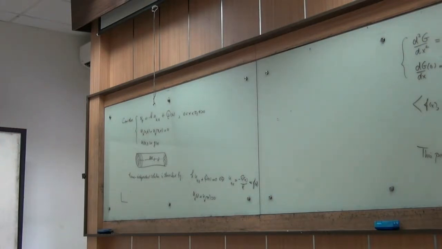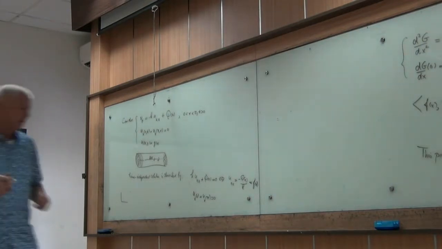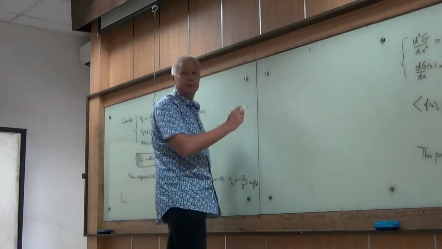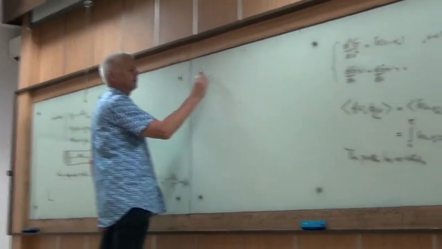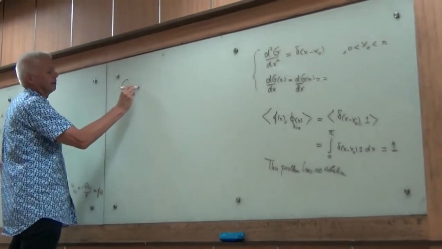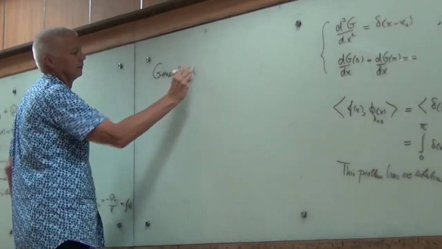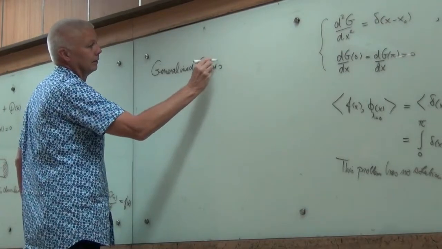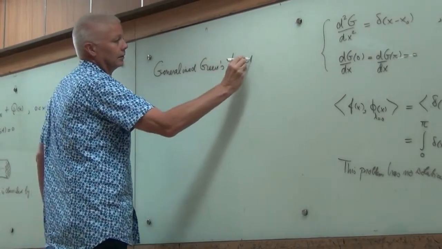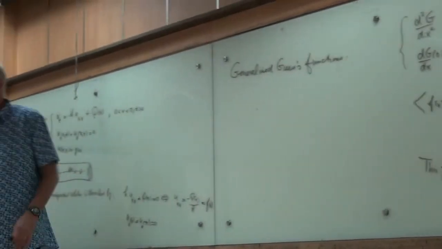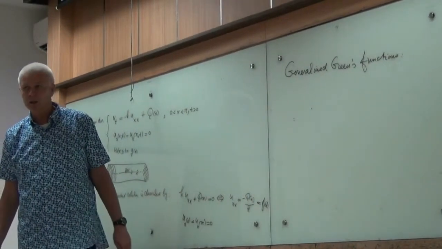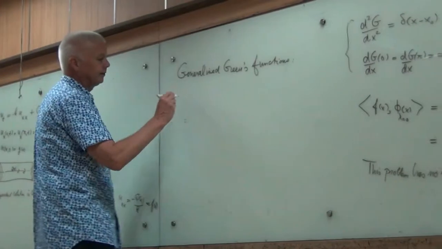We're doing that in section 9.4, and we call that not Green's functions, but generalized Green's functions. Generalized Green functions. So what we would like to have is a problem like that.